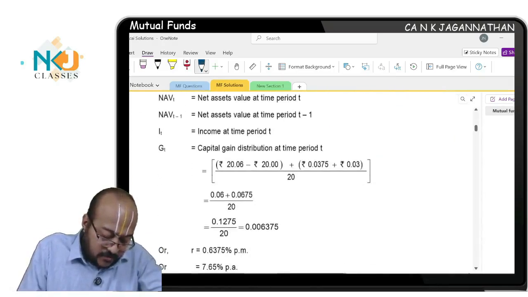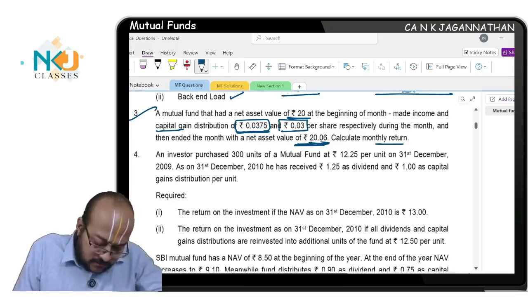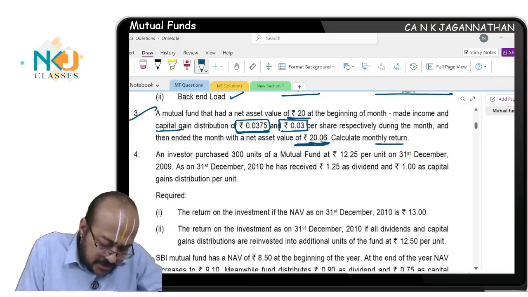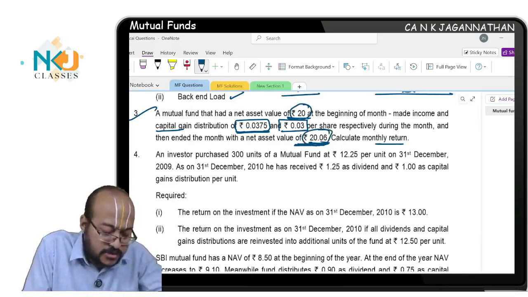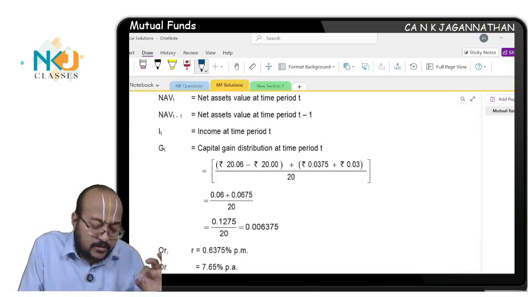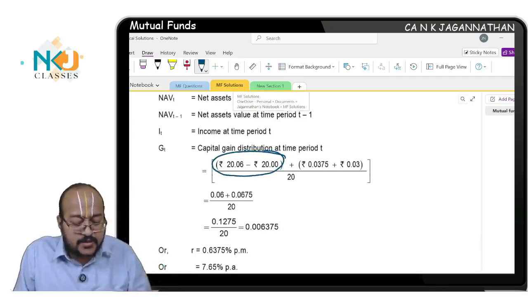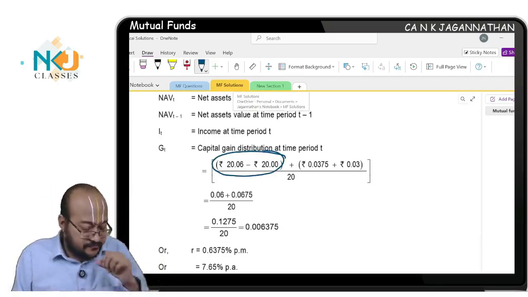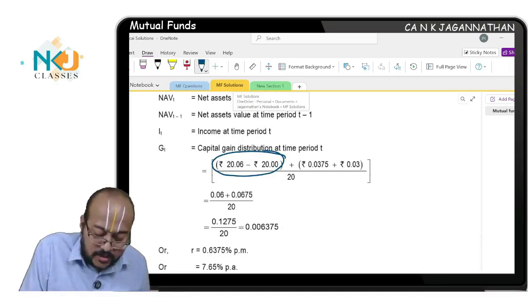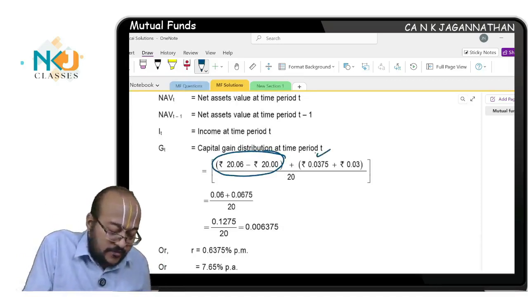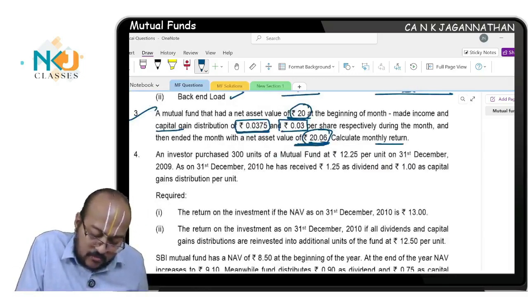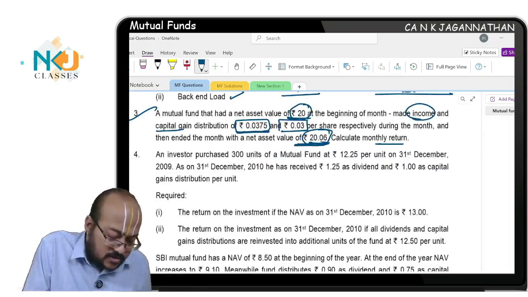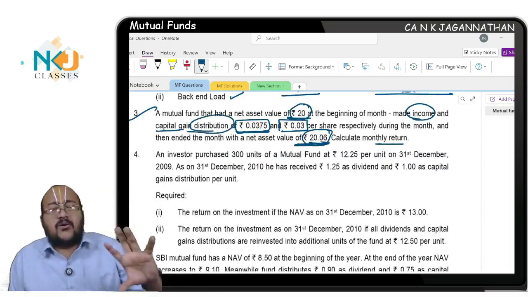See here what is happening. Capital gain, they have given NAV appreciation, starting NAV0 is 20, NAV1 is 20.06. So what is the capital gain? 20.06 minus 20. This is unrealized capital gain plus dividend income of 0.0375. See here, income and capital gain distribution, how you realize is irrelevant.